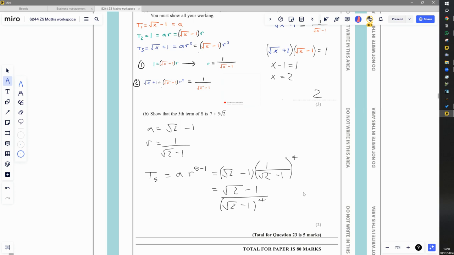So let's just do that here with an eraser. And now, just to confuse matters, we've got to rationalize this denominator. What's the best way to do this if it's cubed?